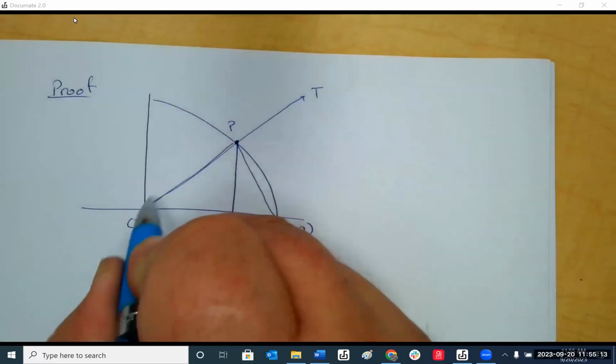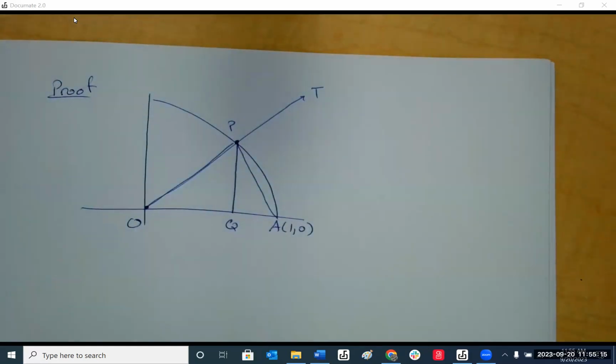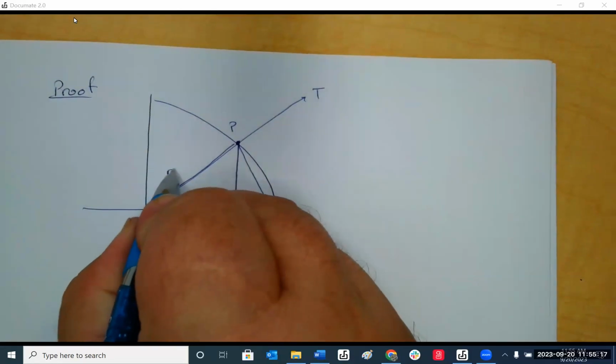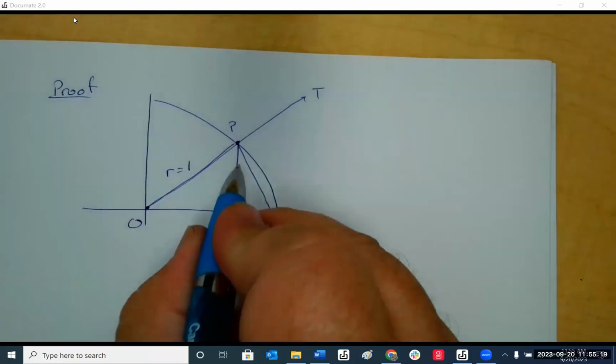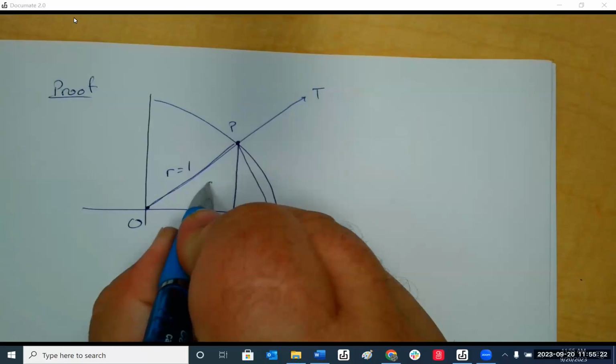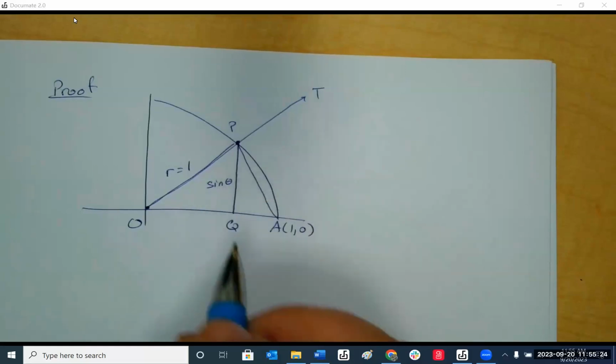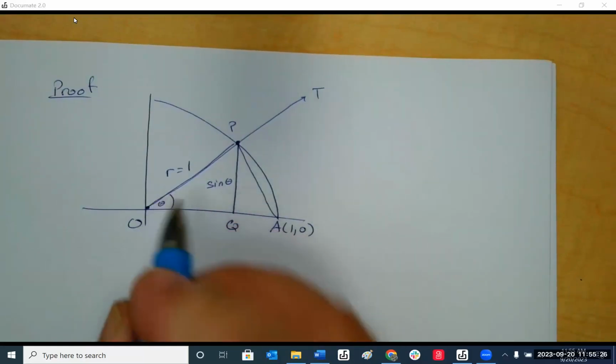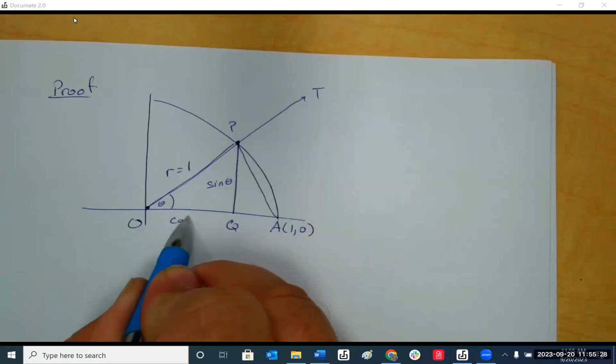The unit circle, the radius is what? The radius is 1. So the vertical axis deals with the sine theta. And the horizontal axis deals with the cosine theta.